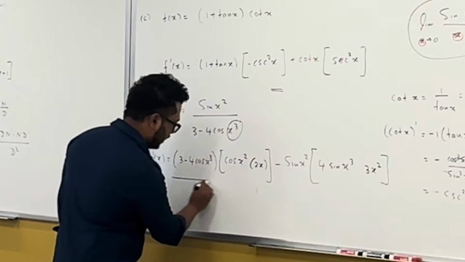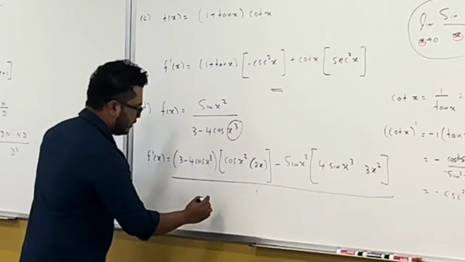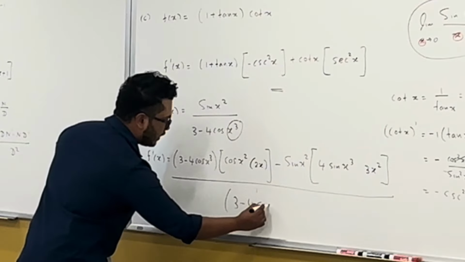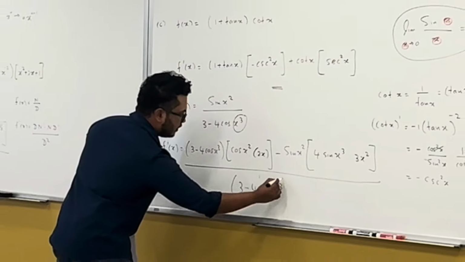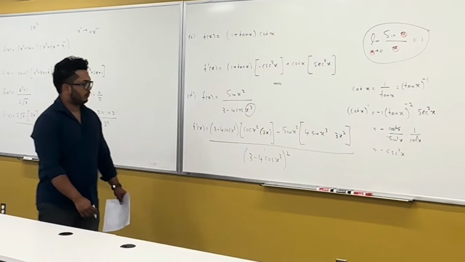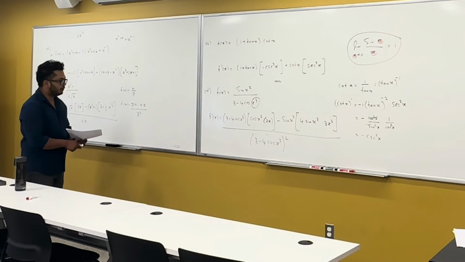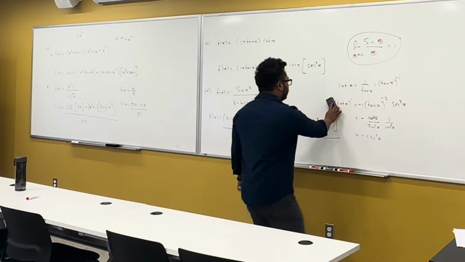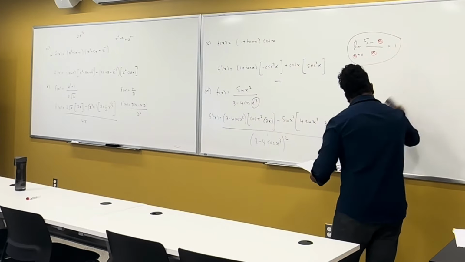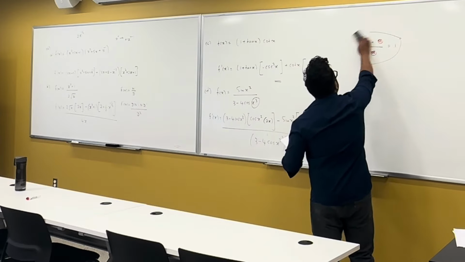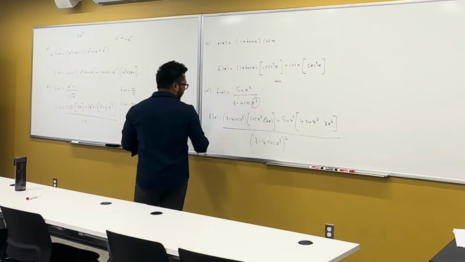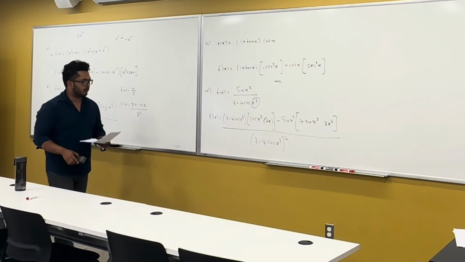And you take the entire thing, divided by (3 minus 4 cosine x cubed) squared. It's pretty large, because you just keep applying the quotient rule plus the chain rule. Okay, and since you don't need to simplify, I think it's not a big deal.